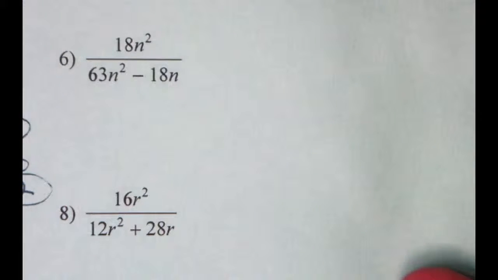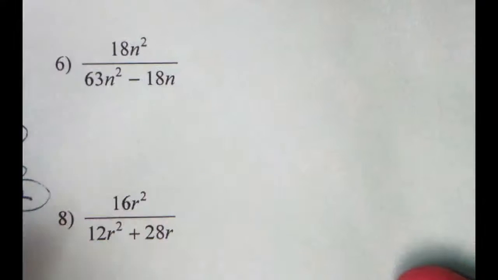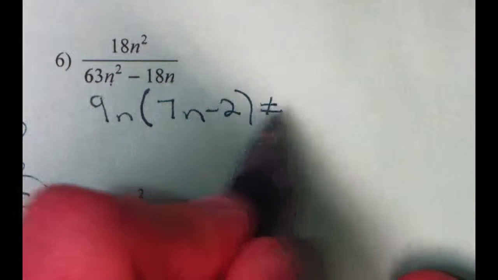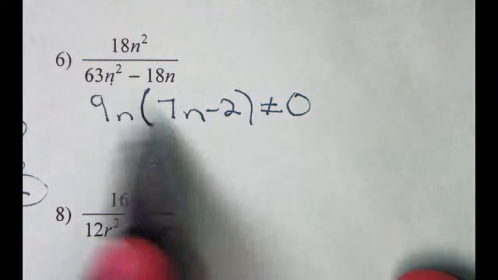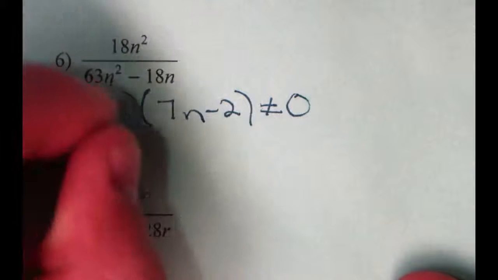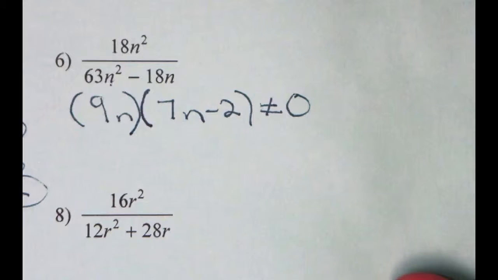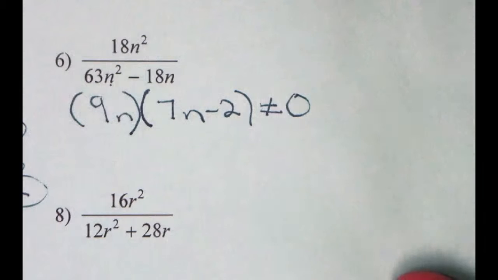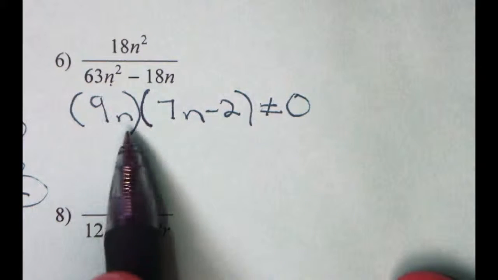Some of you have noticed on number 6 that when you do the GCF here, you get the 9 as well as the n. So in this case, you have 2 excluded values because the GCF has a variable.